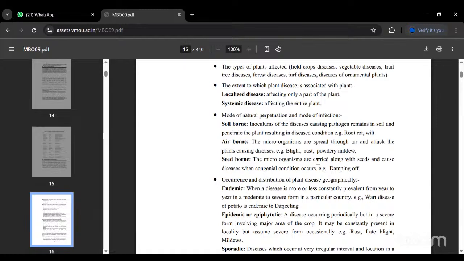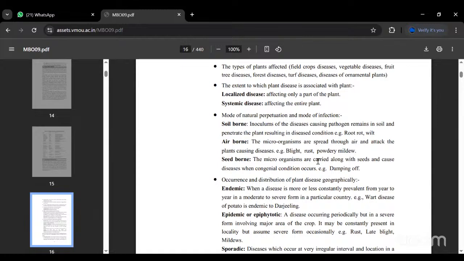Endemic is when a disease is more or less constantly prevalent from year to year in moderate to serious form. For example, the wart disease of potato is endemic to Darjeeling.